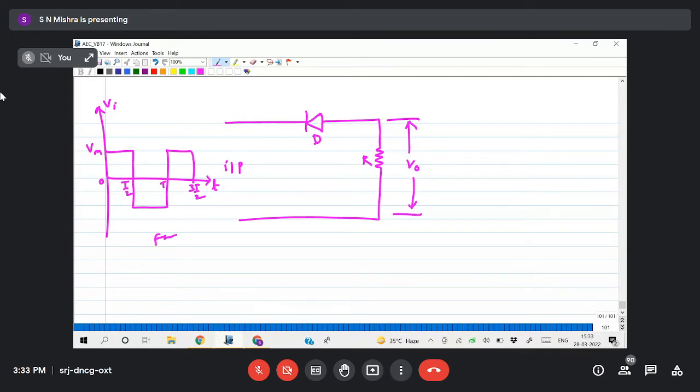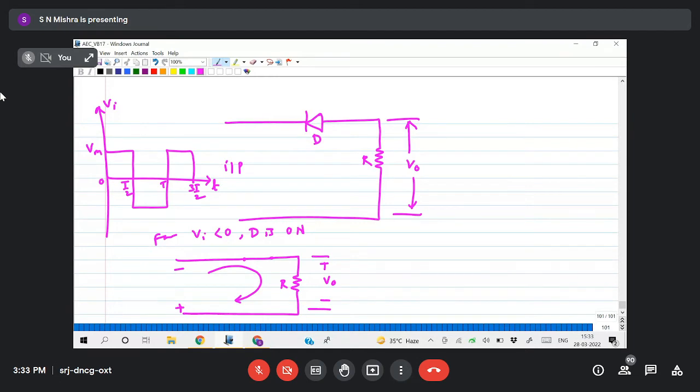For Vi less than 0, D is on. Less than 0 means it will be short. So here, what I am getting is minus Vi minus V naught equals 0.